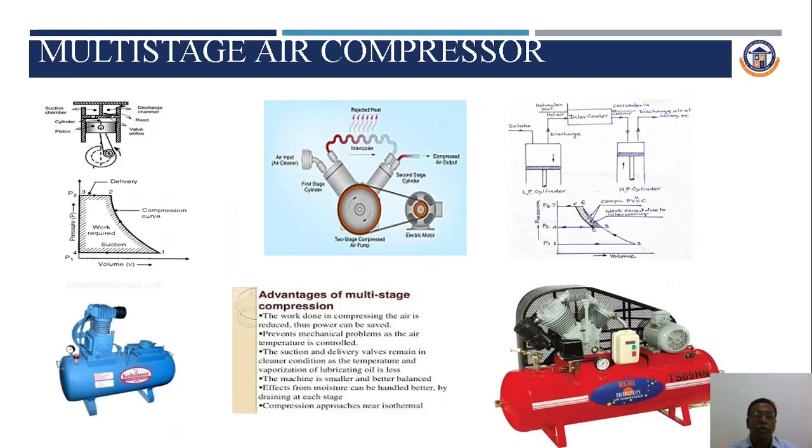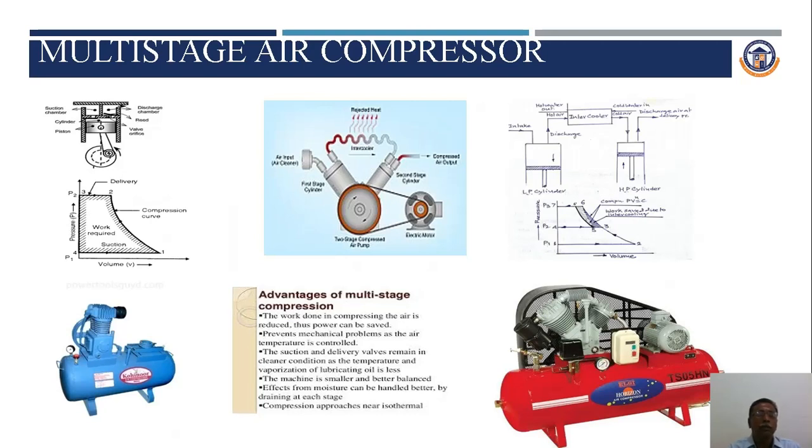We can identify the geometry of the low pressure and high pressure cylinders very easily. The larger diameter cylinder is known as the low pressure cylinder, and the smaller diameter cylinder is known as the high pressure cylinder. In between the high pressure and low pressure cylinders we have a system known as an intercooler.